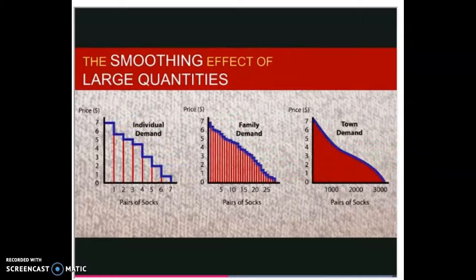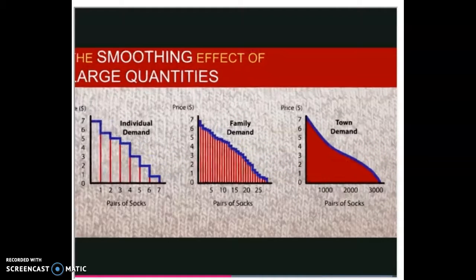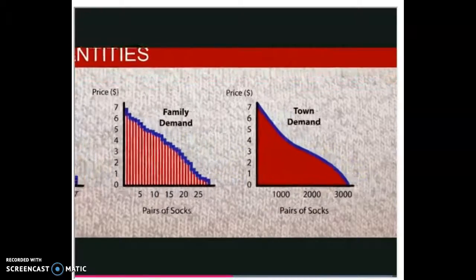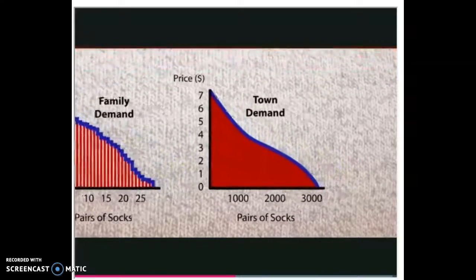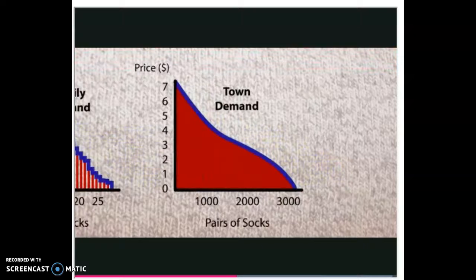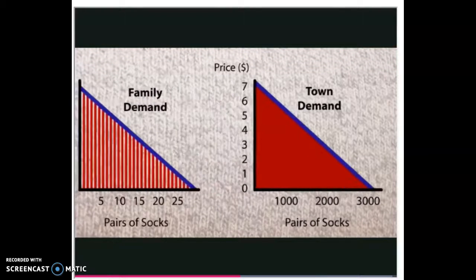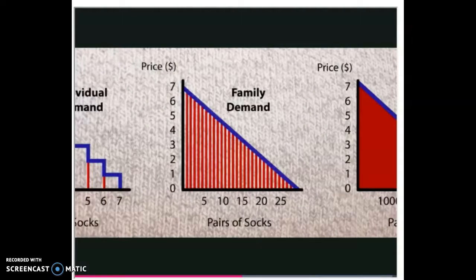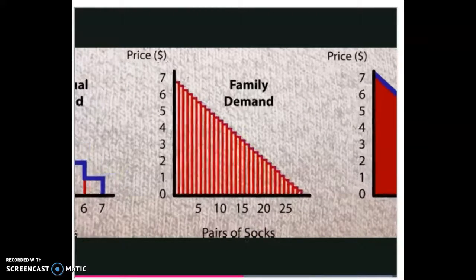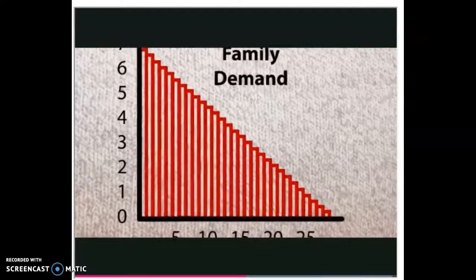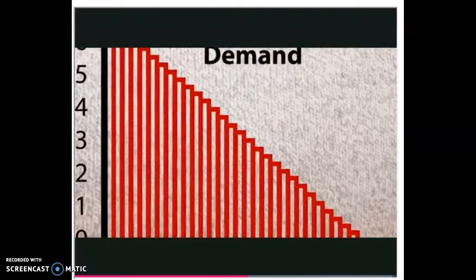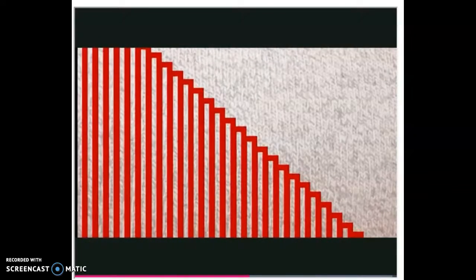The demand curve for a family or a town involves many units, so the bars representing each unit are narrower, and with enough units, the demand curve truly appears smooth. The straight demand curves we often use are simplifications of reality because they imply that the most consumers are willing to pay for another unit drops by exactly the same amount for each unit, which is unlikely.